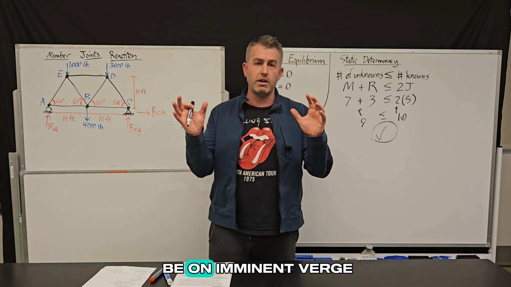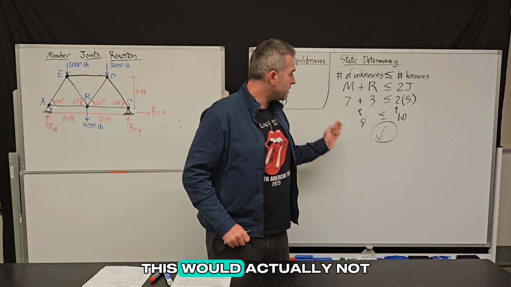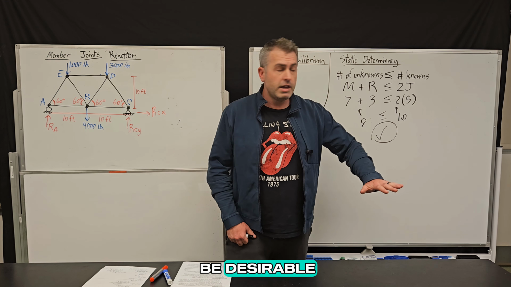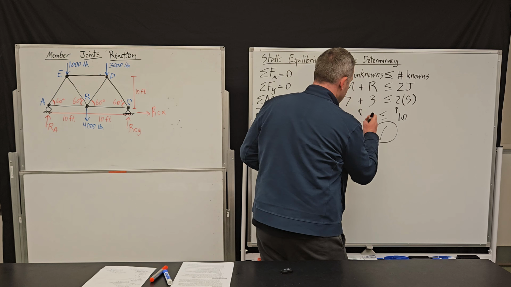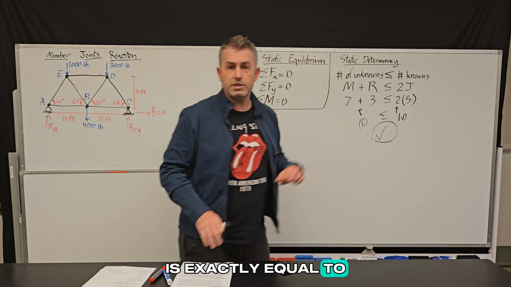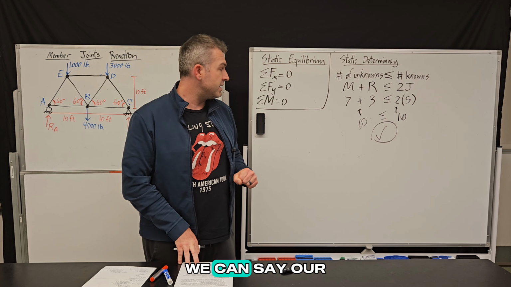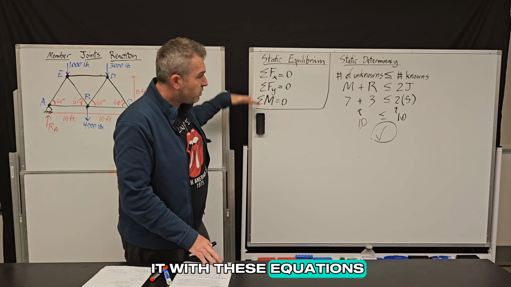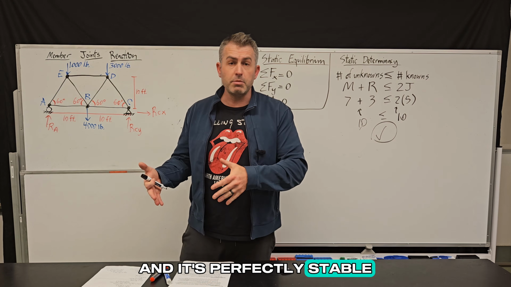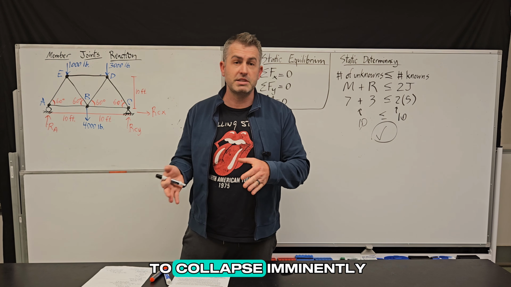So the bridge would be on the imminent verge of collapsing. This would actually not be desirable. So we would want to redesign our bridge so that the number of knowns is exactly equal to the number of unknowns. And that way we can say our bridge is both statically determinate, meaning we can solve it with these equations, and it's perfectly stable, meaning it's not going to collapse imminently.